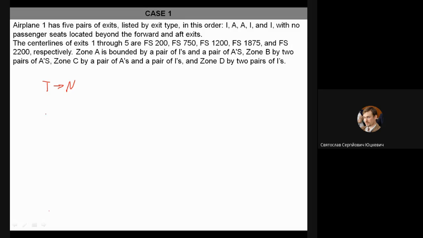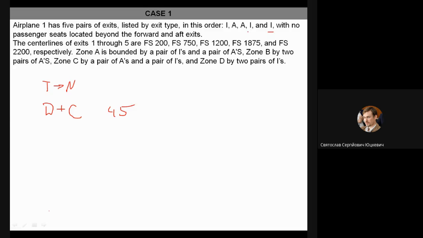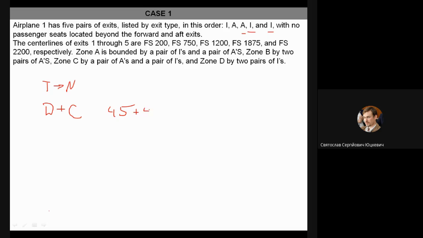We will use zone D plus zone C. It will be 45 plus 45 plus 110. And it will be 200 passengers.